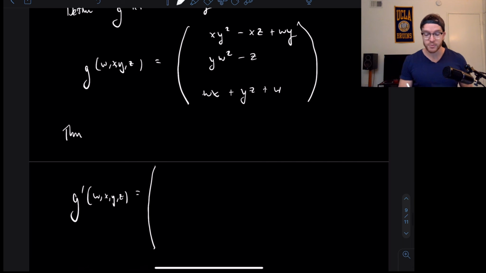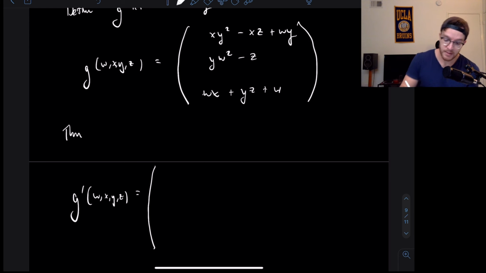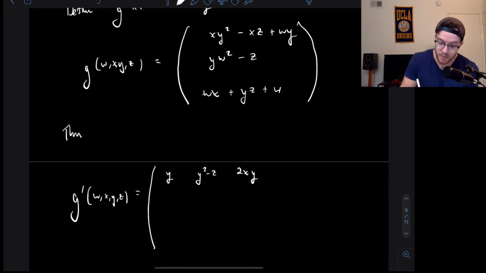The first row is going to be all the partial derivatives of this thing. So with respect to w first, we'll get y. With respect to x, we'll get y squared minus z. With respect to y, we'll get 2xy plus w. And with respect to z, we'll get negative x.